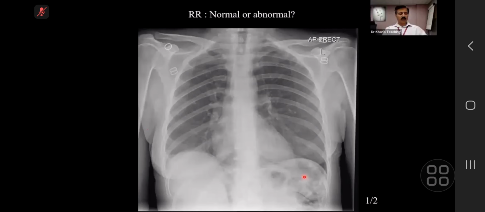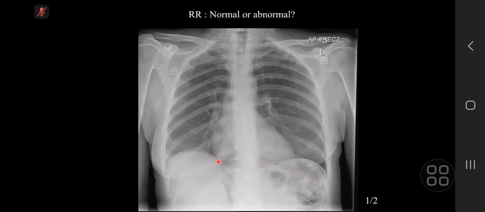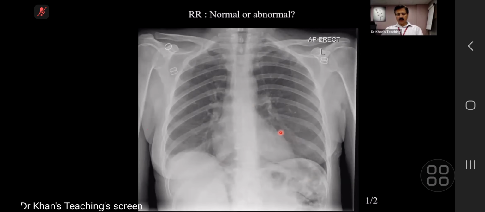Excellent. Your thinking is absolutely correct, but where is it? On the right side. In fact, going all the way on the mediastinum. Yeah, there. Not here. Actually, maybe it's not projecting for you very clearly, but this is where it is. You can see this mediastinum.